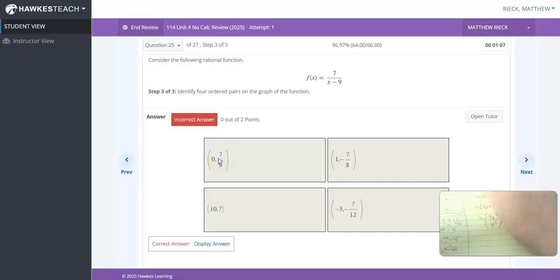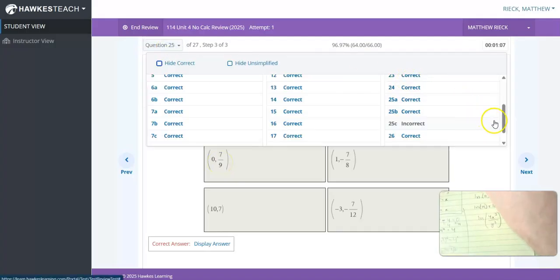Ah, that should be negative 7/9. Negative signs, they'll get you every time. All right, I think everything else looks good. So that should be a 0 and negative 7/9. All right, and I think that was the only one.